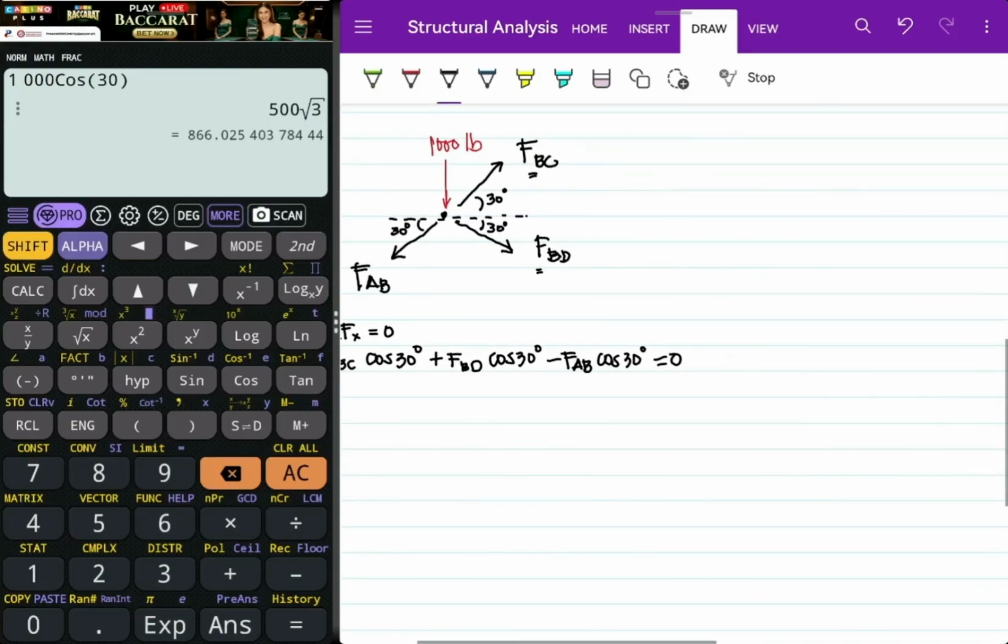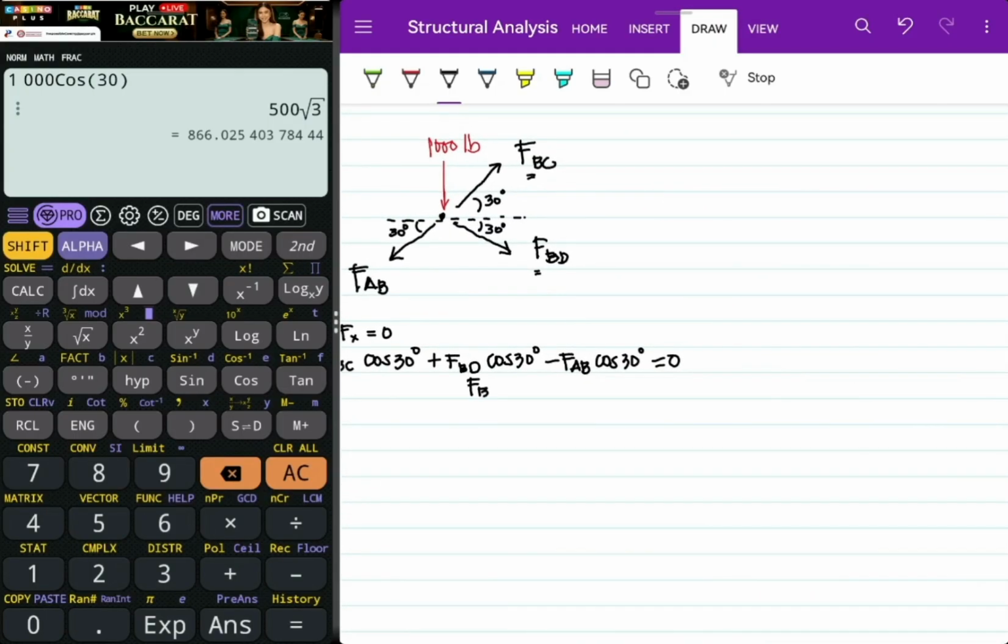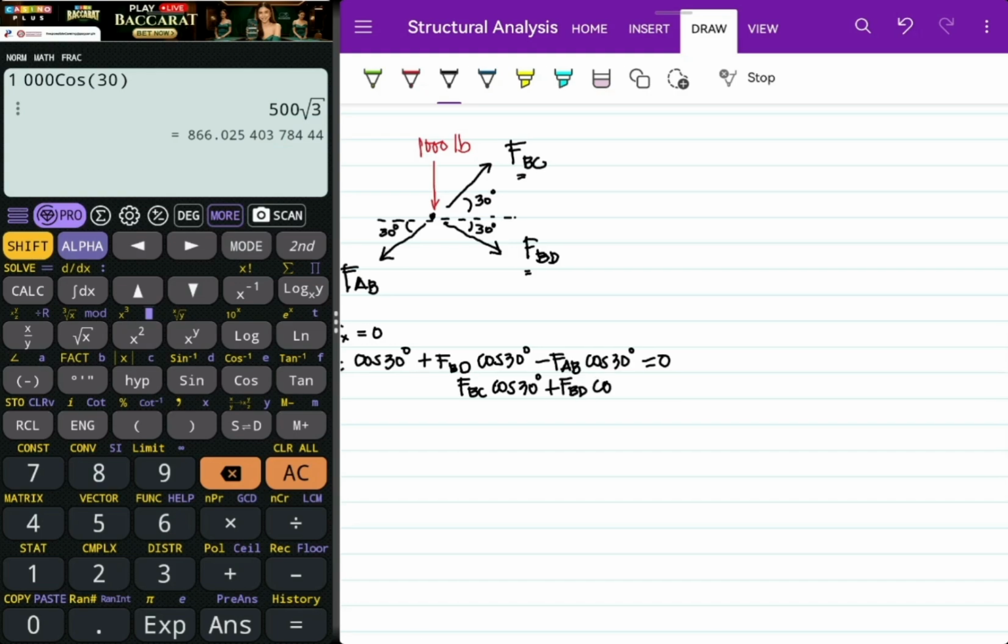We have force BC cosine 30 degrees plus force BD cosine 30 degrees is equal to force AB cosine 30 degrees.